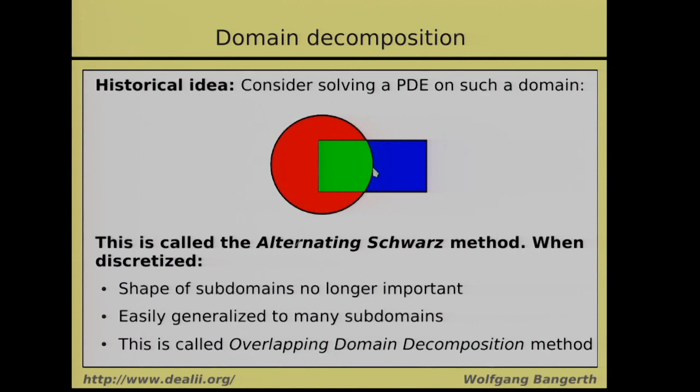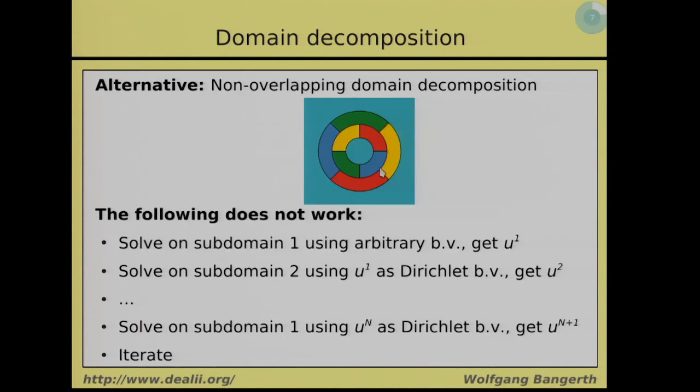So in the next iteration, the boundary values I have here are probably closer to the exact solution. The boundary values for the circle are probably going to be closer to the exact solution than they were before. And so this overlapping thing helps me get closer and closer. Whereas here, if I only ever take Dirichlet values, I'm not making any progress. I will have the same boundary values in every iteration.